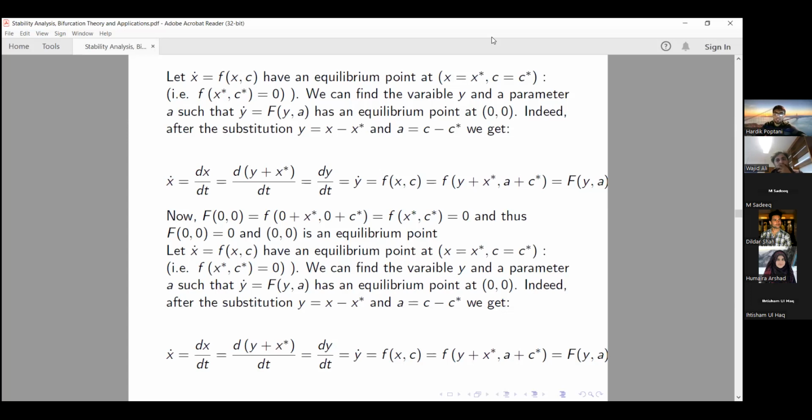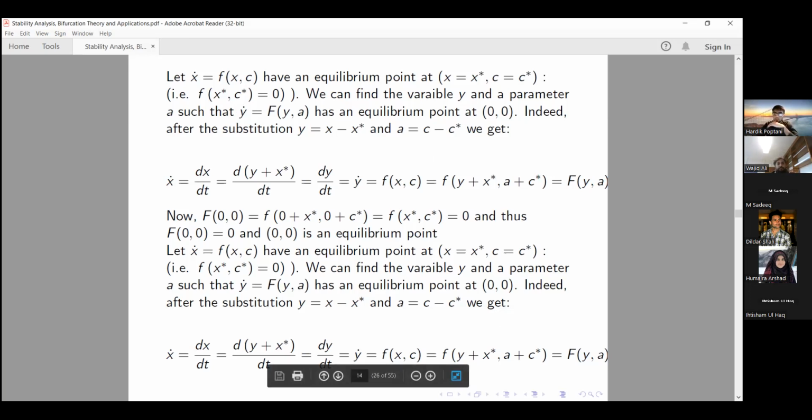So I was actually going to get into topological equivalence, because if we have one equilibrium point at x star, c star, then we can shift it.